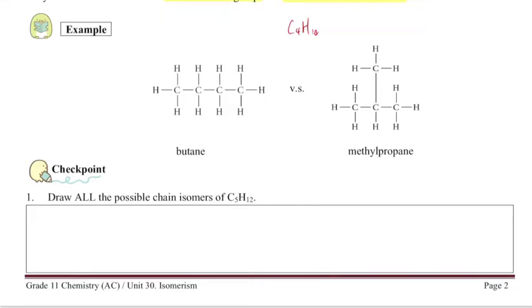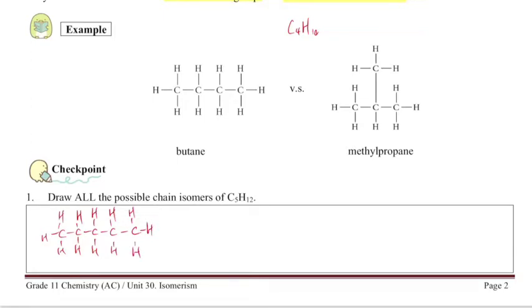So let's draw it out. The first possible way is always the easy way: just draw a linear molecule, and then fill in all the hydrogens attached to the carbons. That's the first possible way to draw it.